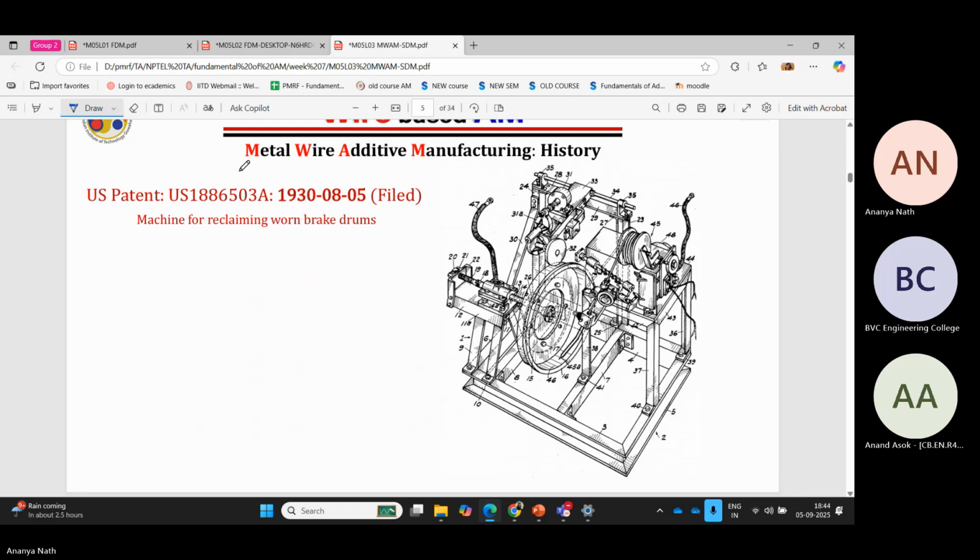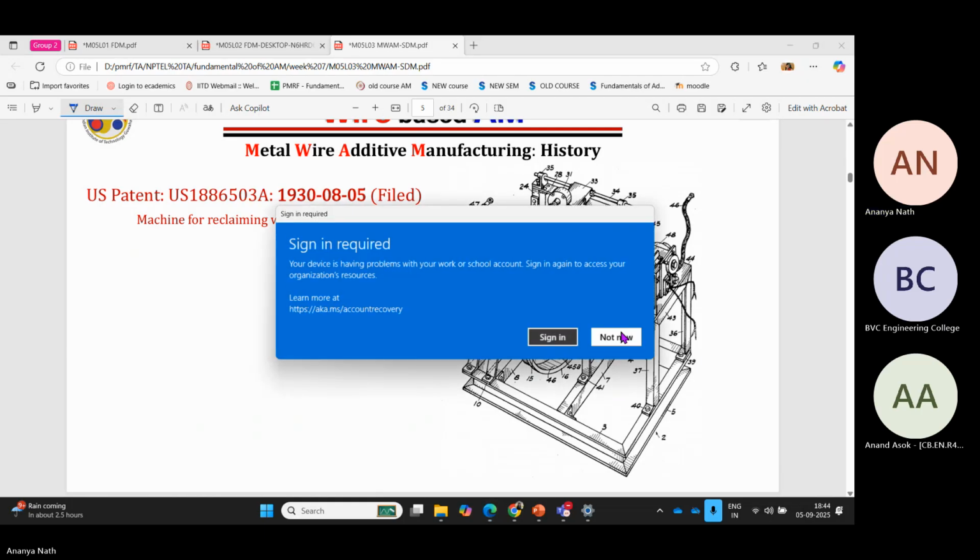Anyway, we can try to understand. It's a pencil sketch. I can see the wire coming, and then this is the nozzle. I think this is the wire. This is coming through the pinch roller, and then through that it's printing here, something like that.